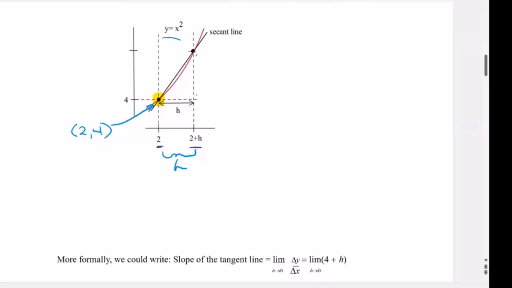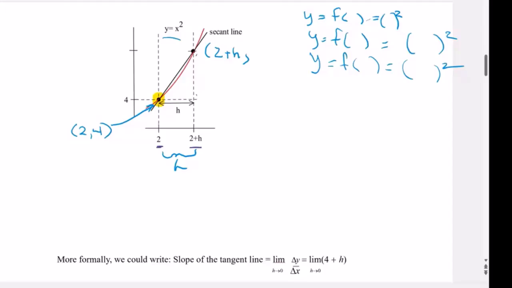So I would have an ordered pair here of 2 plus h, and then I have my y value. So I know that y equals f of x, which equals x squared. So first thing we're going to do is we're going to say, well, if this is an x, this is an x, and that's my initial function.